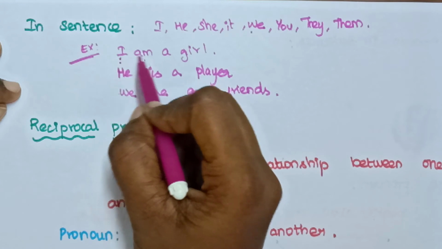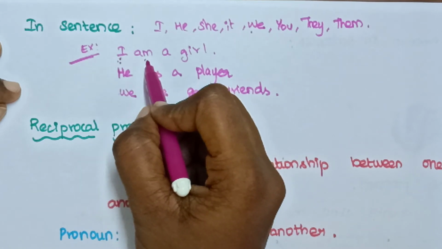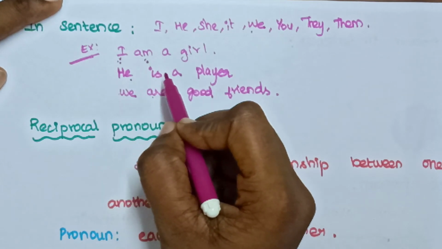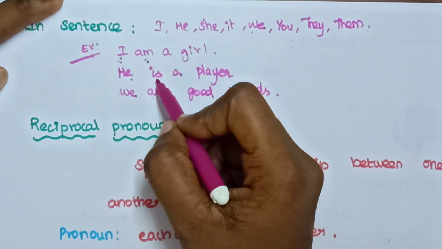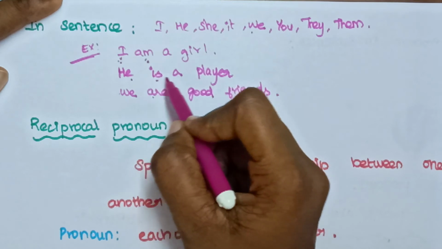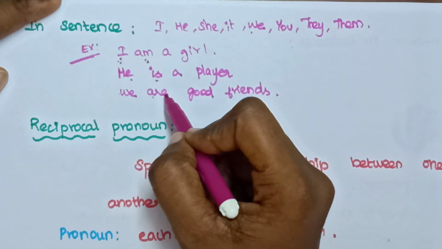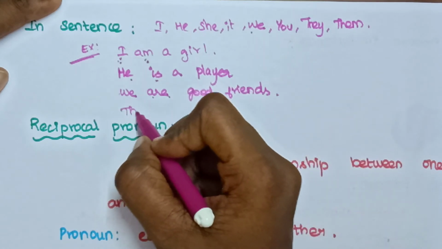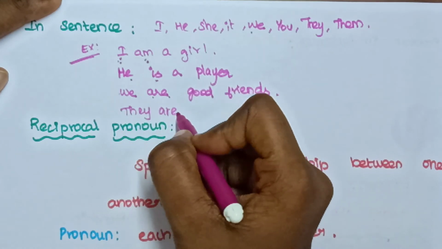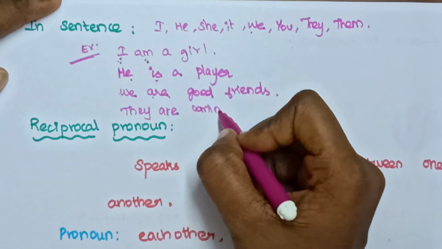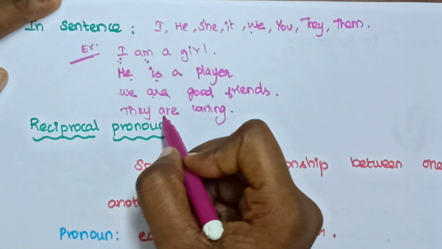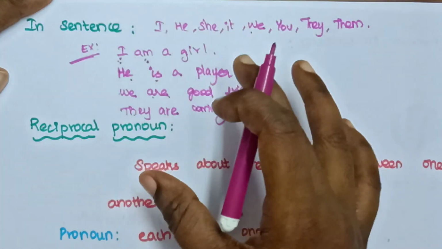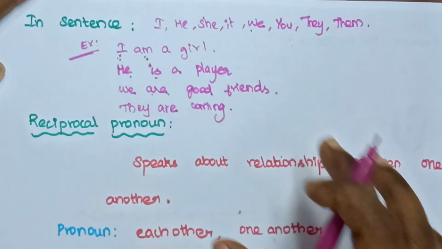Am is the automatic verb which comes after I. After he, which is singular, we have to use a singular verb. Here is is the singular verb, and what is the plural for that? Are is the plural. They is also plural. They are coming. So here we have used a plural verb. So these are a few sentences describing personal pronoun.